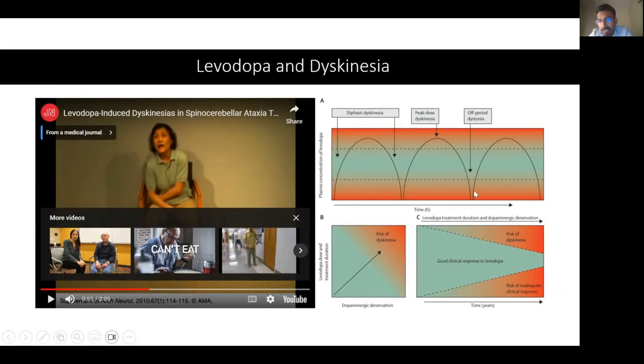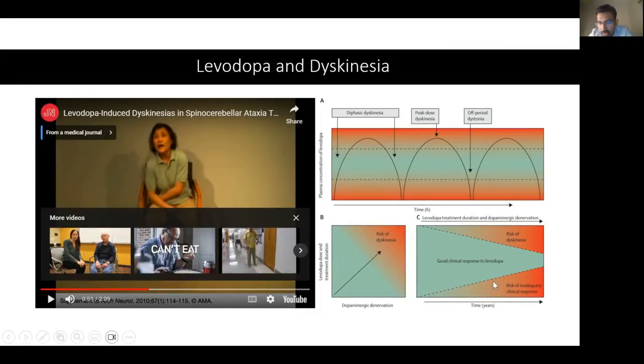If it appears here, that means either at the end of the previous dose or just before the next dose. It's called diphasic dyskinesia because the dyskinesia comes in when the blood level drops twice, before and immediately after taking levodopa.